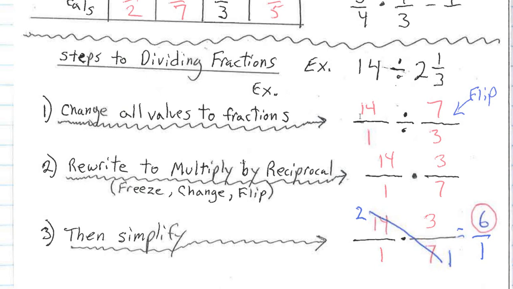So I keep this one, 14 over 1, I change this to times, and then I flip 7/3 to 3/7. So I kept this, but then I changed it to multiply by the reciprocal. I did no dividing. I'm multiplying by the reciprocal.